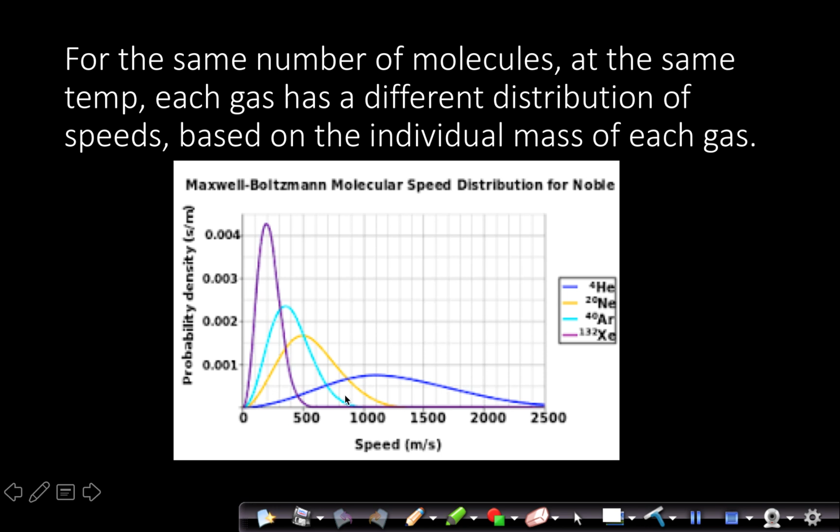Helium is the lightest, which means that even though they have the same kinetic energy on average, the most prevalent speed is faster than the most prevalent speed for a much heavier gas.